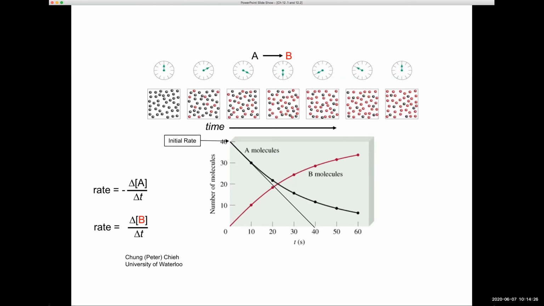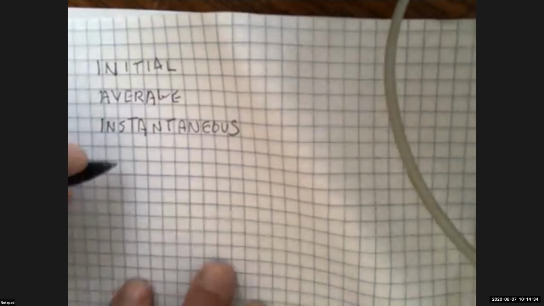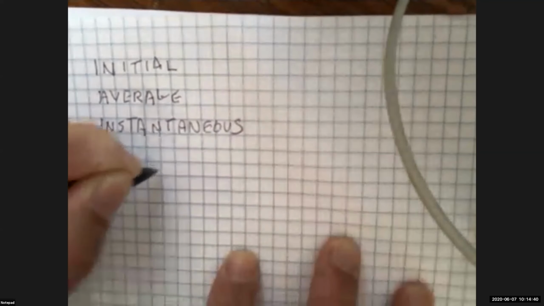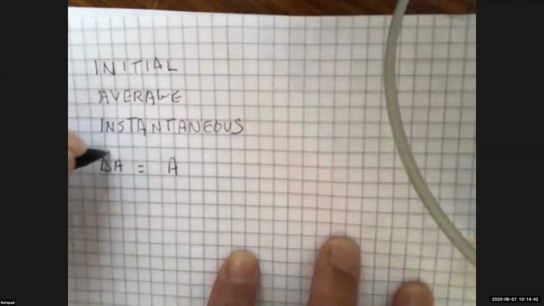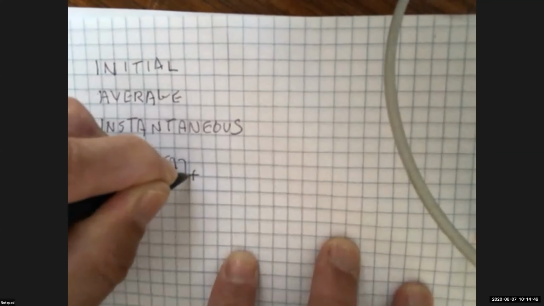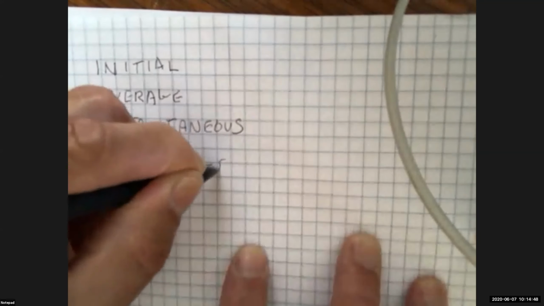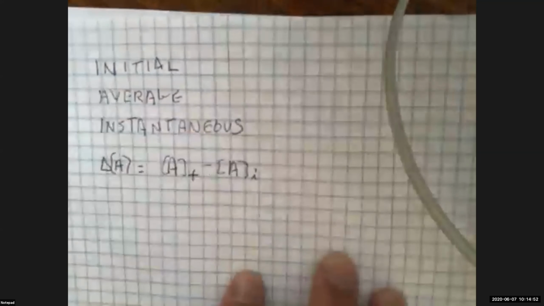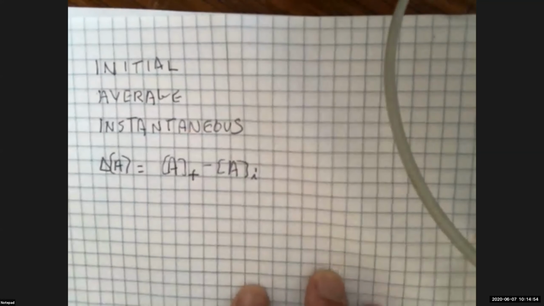So what that would look like, and I'm going to switch back again to my notepad. You can see it now. So the delta A, I hope you can see this, the delta A is equal to A, the concentration, we'll call it the final, or the second concentration, minus the concentration initial.